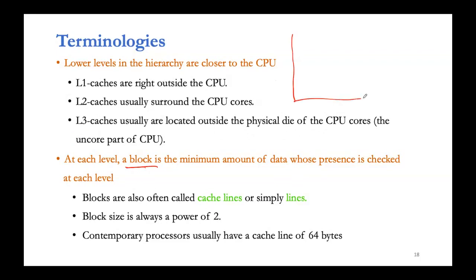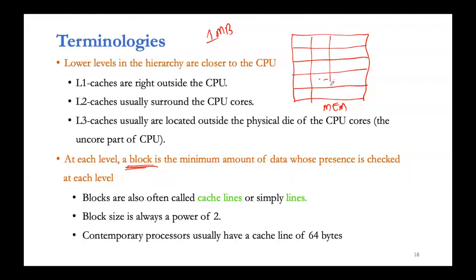Suppose this memory size is 1 megabyte, arranged in a number of rows and a number of columns. Every cell in this, we call a block.